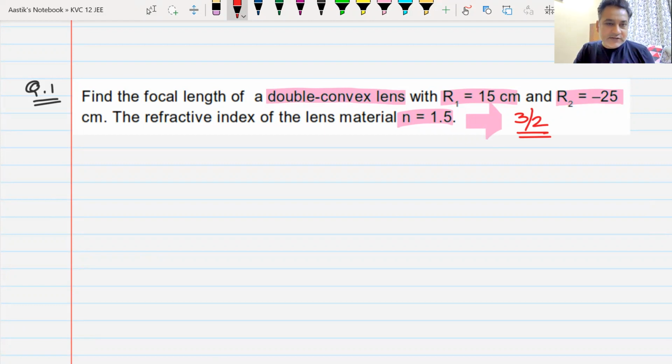Let's see who gets it first. Everyone was noting it down first. Let us see who gets the answer first.